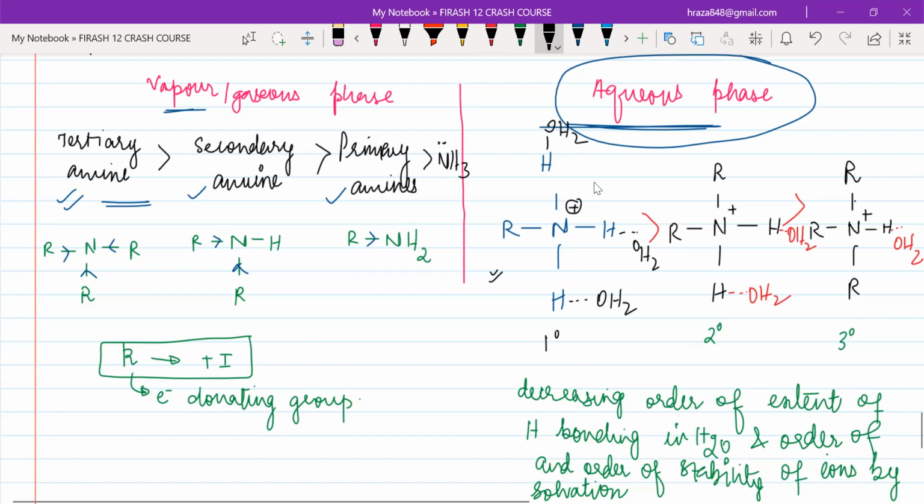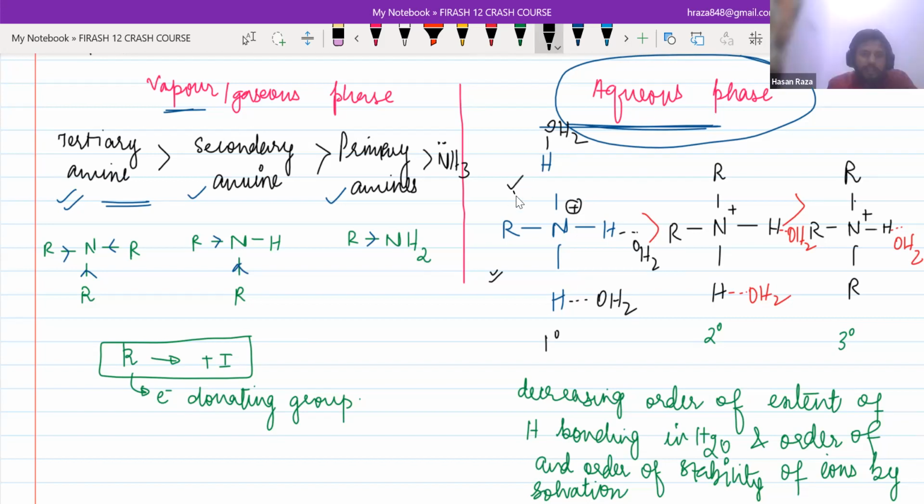Now you can see if hydrogen bonding is stronger here, that means it is more stable. Yes or no? That means the primary amines should be more basic in aqueous phase.